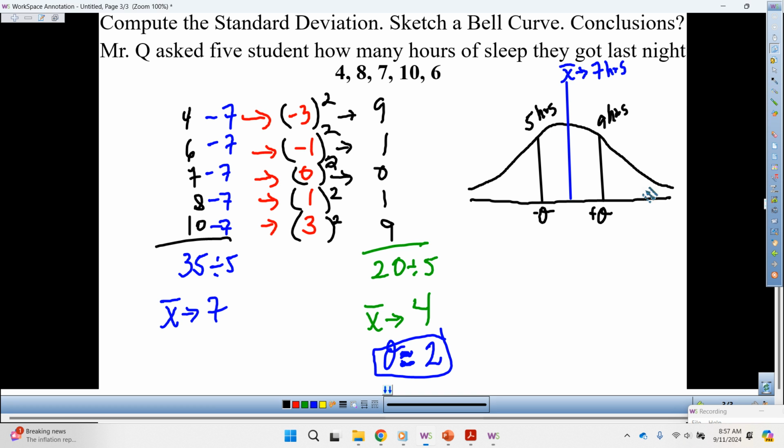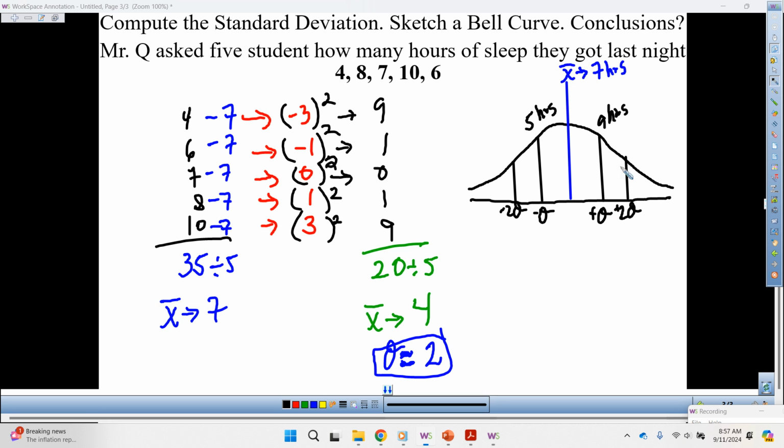Let's label the next standard deviation. That's our +2 and -2. Label it to see where we're at now in hours. Tell your neighbor, please, to make sure they got it.